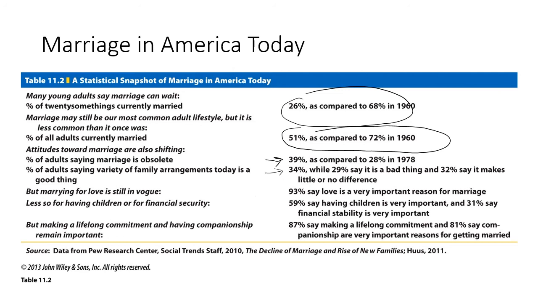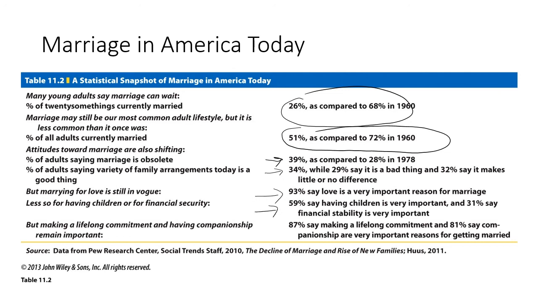So 93% of people today say love is very important in marriage. So love is the number one reason that people have for marriage today. But having children or financial security has actually gone down over time.